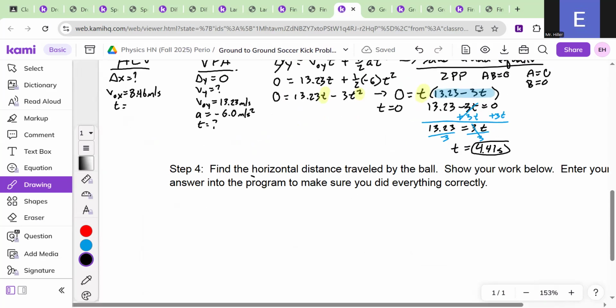Now, once you find that, finding your horizontal distance will be fairly easy because delta x equals v naught x times t. So plug in your v naught x, 8.46, times your time, 4.41. Figure out your horizontal distance.